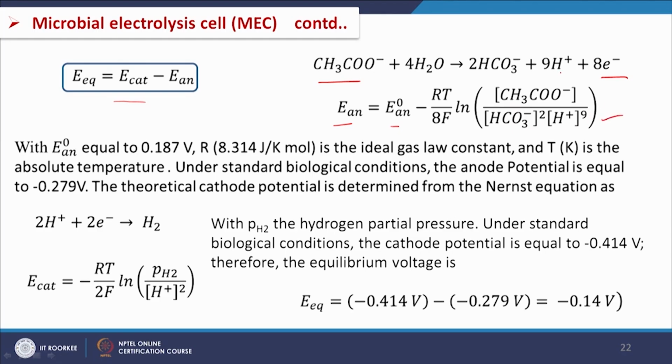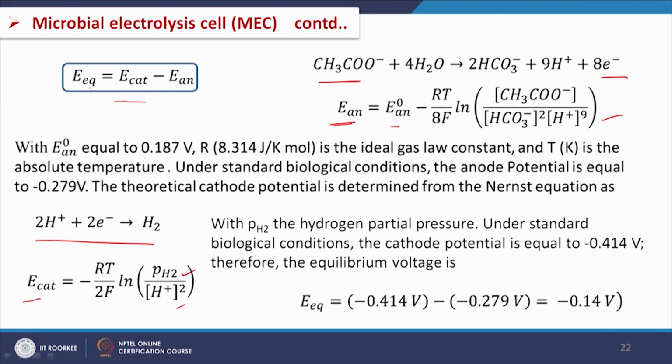As per the expression, this will be our anodic voltage. For the cathodic voltage, the reaction is 2H plus plus 2e minus giving H2, so the cathodic voltage will be minus RT by 2F ln of partial pressure of hydrogen by H plus square.